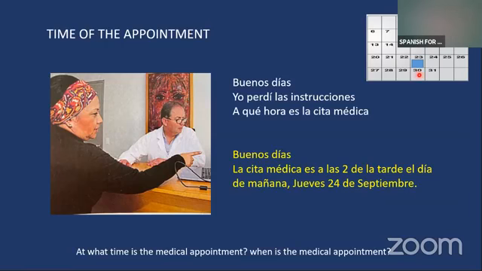So try to do the same exercise, changing. Maybe pretend that today is the 30 and say, oh, it's going to be tomorrow, jueves 31 de septiembre. Or let's pretend that today is the 7th. It's going to be Monday the 7th. And you are going to say, the appointment is tomorrow, Tuesday, the 8th of September. Martes 8 de septiembre.